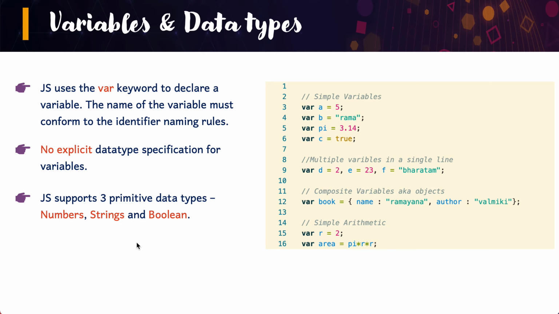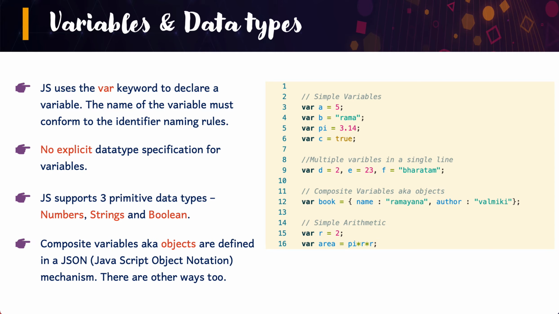Now, talking of primitive data types which are natively supported, there are three kinds: numbers, strings and Boolean. These are the ones that you have seen in the examples from line number 3 to line number 9. There are composite variables which are essentially called objects.